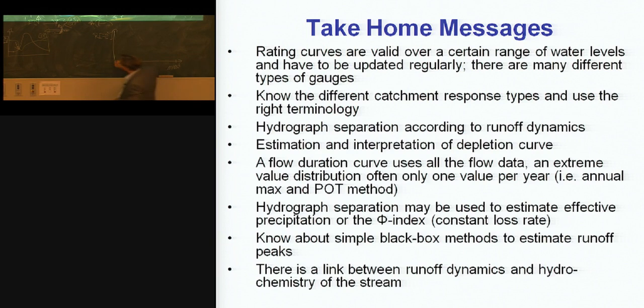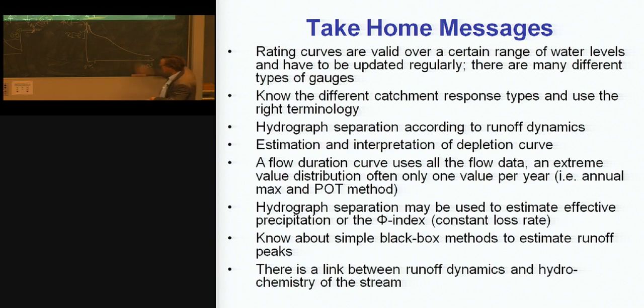This would be 0% exceedance, and then it looks, for instance, like this. These are the high flows. They are only exceeded, if this is 10%, in 10% of the time the discharge is higher than this. Usually it looks like this. So you have a few very high peaks and something like this.